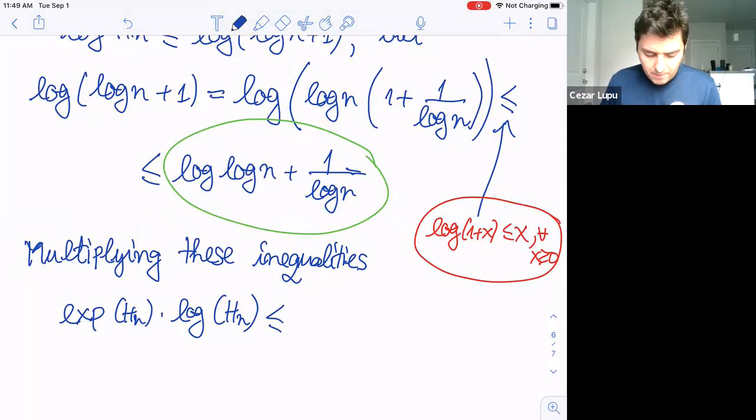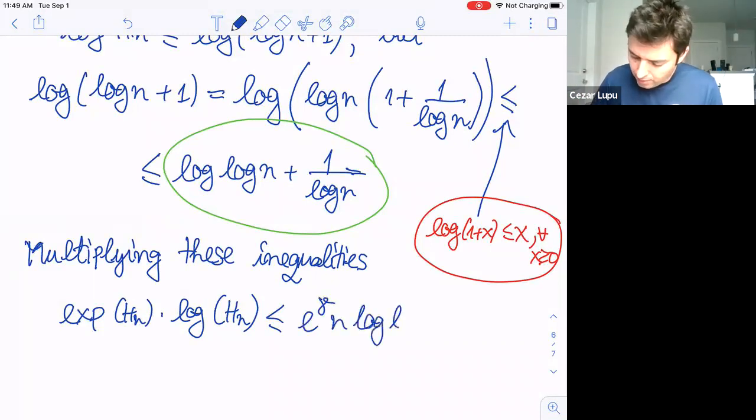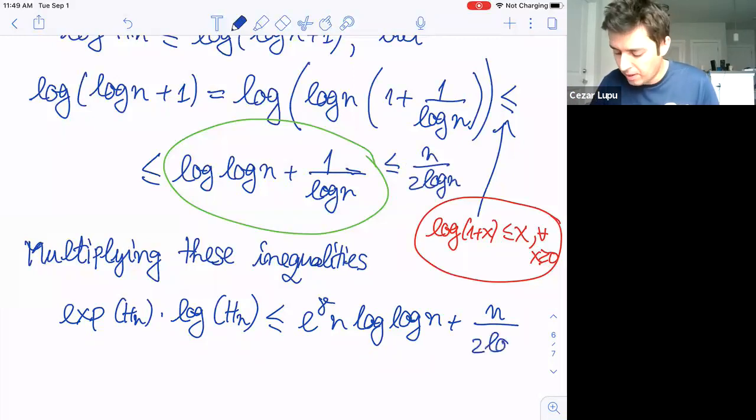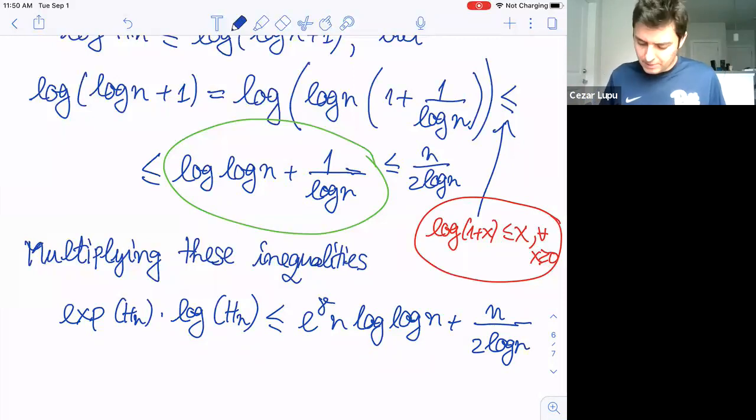So this will be less than e to the gamma n log n. And now, I don't want to deal with this, so I'm just going to put something like n over some constant, probably n over 2 log n, but it doesn't really matter. I can put any constant I want so that everything fits perfectly into the picture.